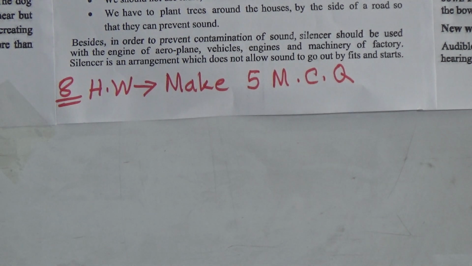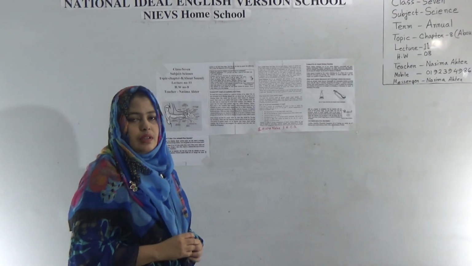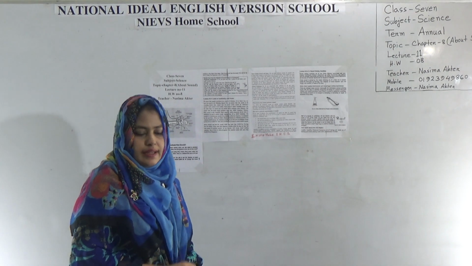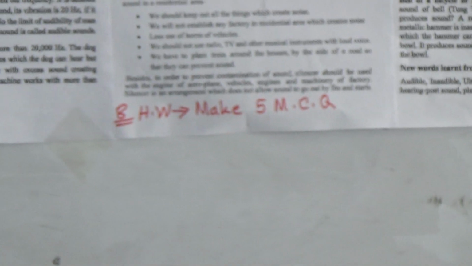At first, read this topic properly, then you will make 5 MCQ questions and answers. I am repeating your SW. This is 8 number SW. Make 5 MCQ questions and answers.